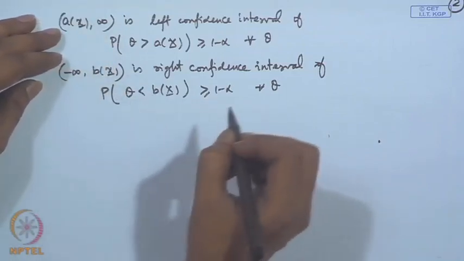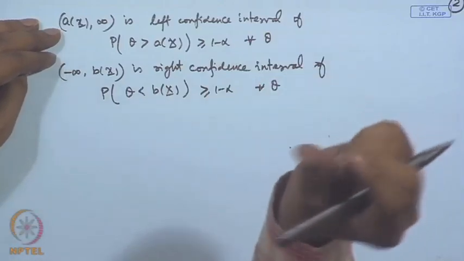Now definitely when we are having an interval, then certainly we would like to have some sort of understanding. For example, if I say 95% confidence interval, now certainly if there is another interval which will give me 99% confidence, then I will consider it to be better if the length is likely to be the same.